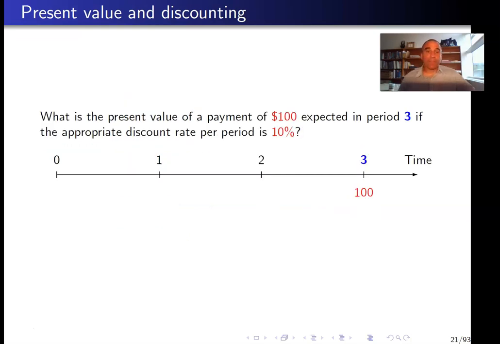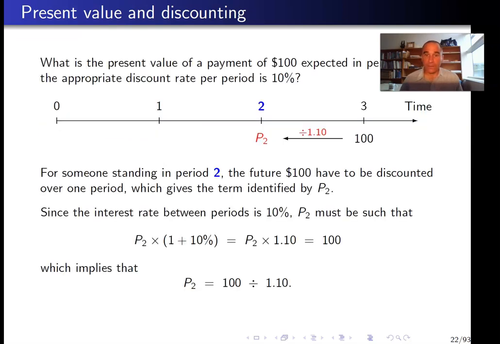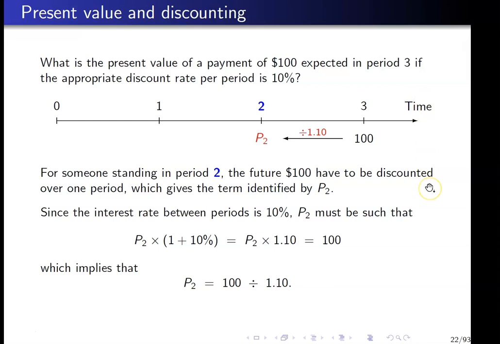What is the present value of a payment of $100 expected in period 3 if the appropriate discount rate per period is 10%? First, let's discount it to period 2. So the value of $100 to be received in period 3 when we are standing in period 2 is represented here by P2.